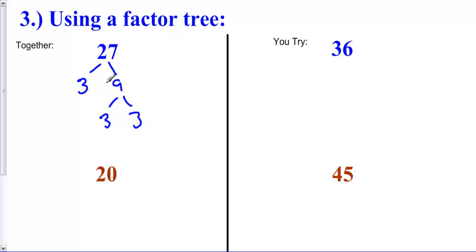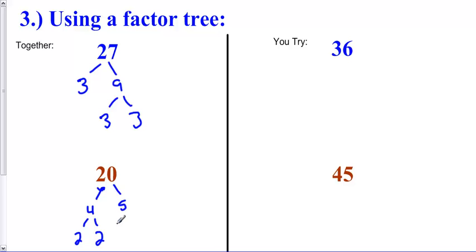So 3 can't be split apart any further. 9 can be 3 and 3. Okay, so I'm done there. Moving down here to 20. 4 and 5. 2 and 2.